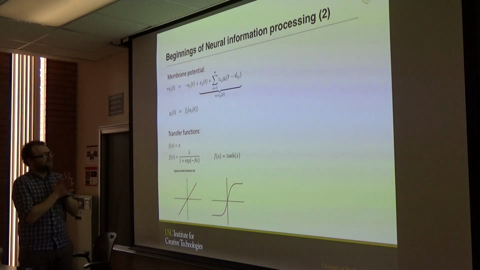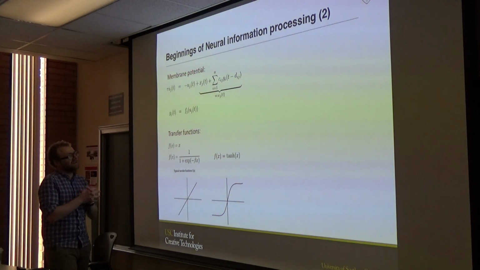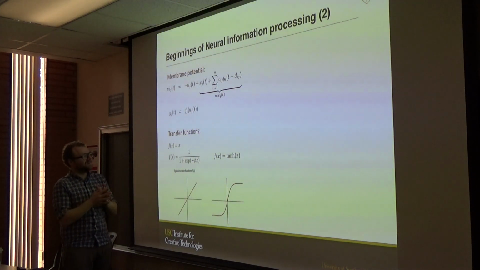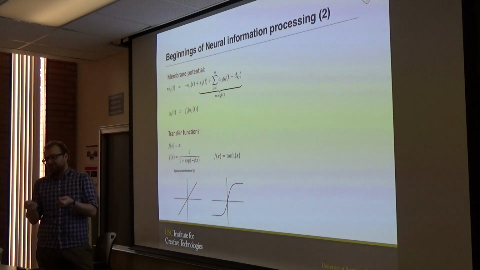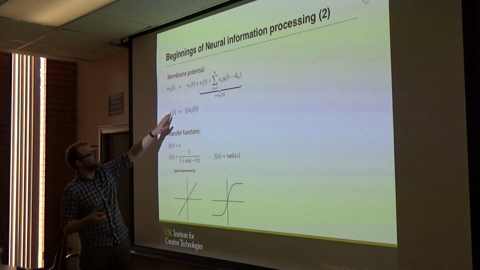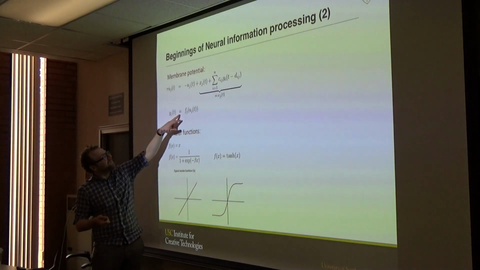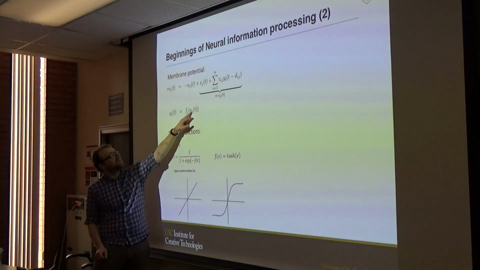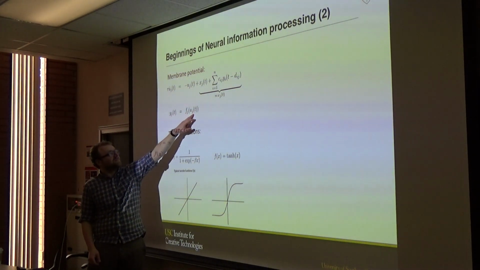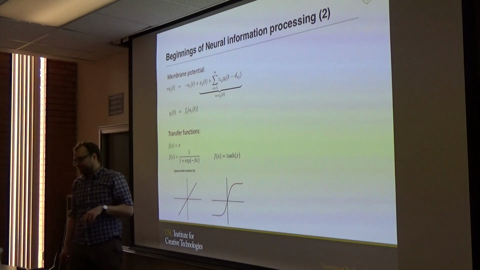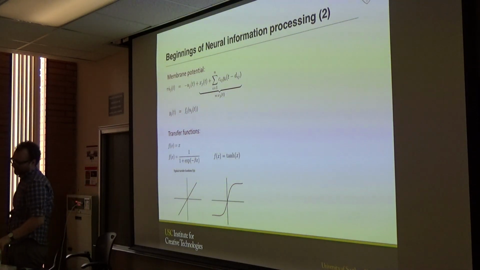Before we move on, I need to talk about what the output of the neurons is. We said the output is defined as this y, which is the membrane potential at time t that is fed into a transfer function.